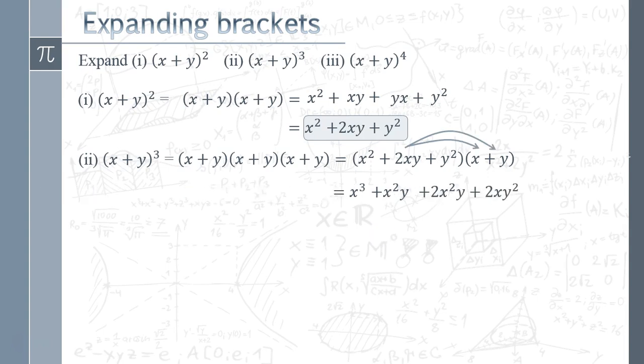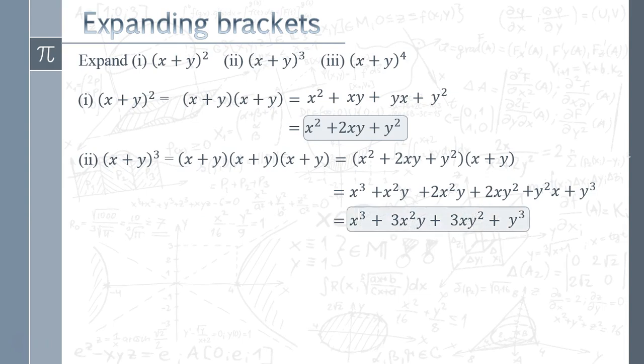Do the same for the 2xy, and finally the same for the y squared, and you get 6 terms that look like that. Now obviously again we can do some tidying up, because we've got an x cubed term on its own. Then we have an x squared y term here and the x squared y's here. So a lot of these terms will simplify. So let's just do the tidying up. There's those ones, a bit more tidying up there, and finally the y cubed, and there's our multiplied out expression.